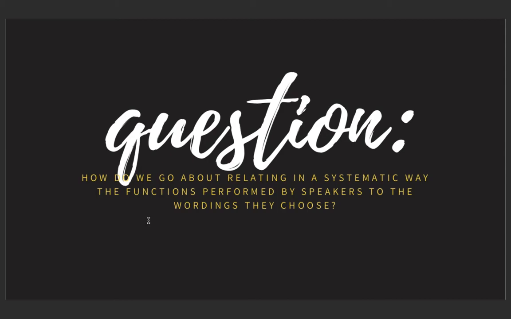How do we go about relating in a systematic way the functions performed by speakers to the wordings that they choose? In short, how do we try to really convey the function based on the wordings that we choose? Again, we have the option on how to say it, on how words are being formed, how syntax is presented.